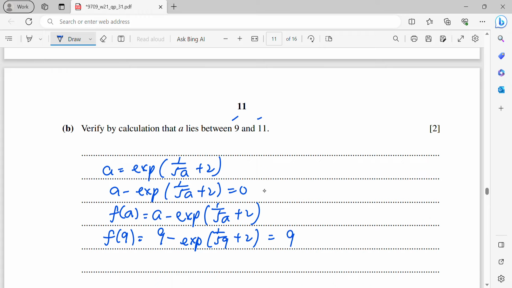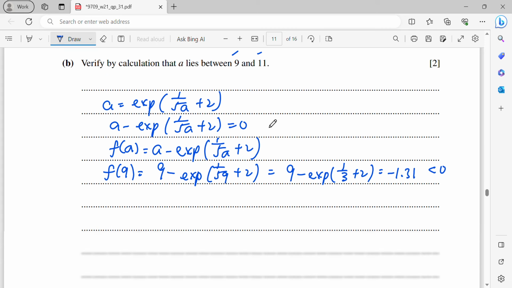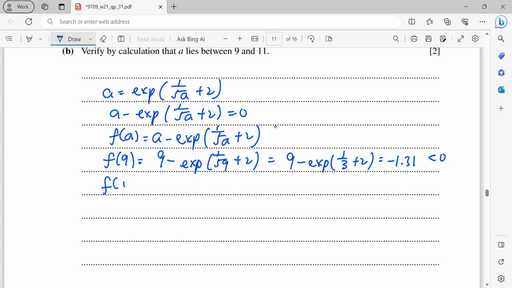Then here you will get 9 minus exponential of 1 over 3 plus 2. That is going to be negative 1.31. This is less than 0. And then followed by f(11), which is 11 minus exponential of 1 over square root 11 plus 2. So this is going to be 1.01, which is greater than 0.